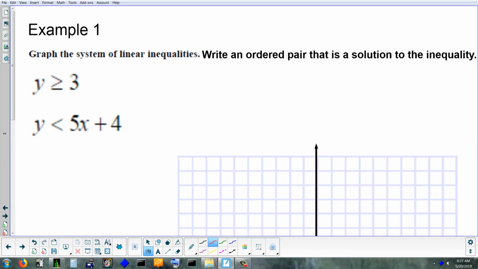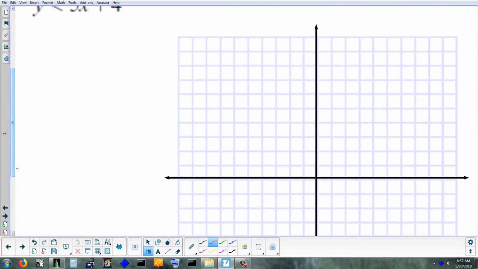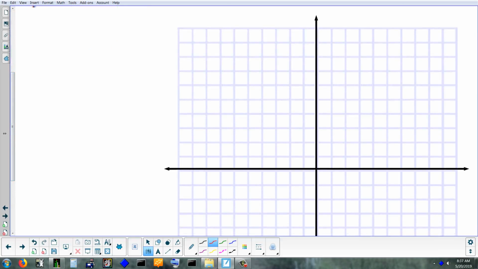How about in terms of the special case? What other kind of line is it? Horizontal line. Horizontal line where? At what number? 3. So go up 3 and put a horizontal line right there. Now, we already know what kind of line. The horizontal, we got that. What else? Solid.